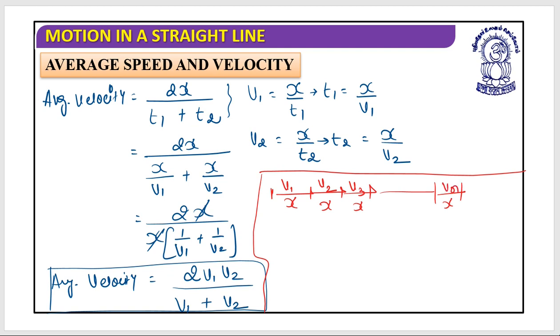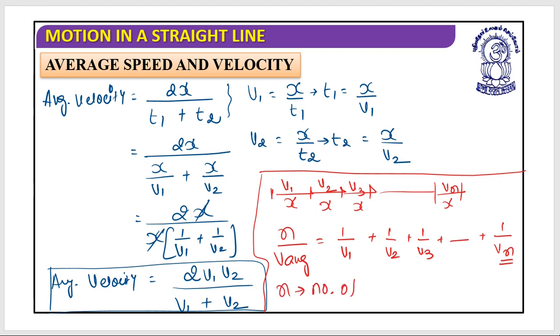Now if I need to find the average of this, then it would be n divided by 1 by v1 plus 1 by v2 plus 1 by v3 up to 1 by vn. You need to remember this. Here n is the number of divisions of equal distance.